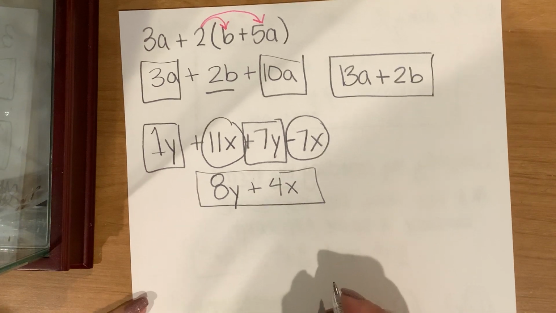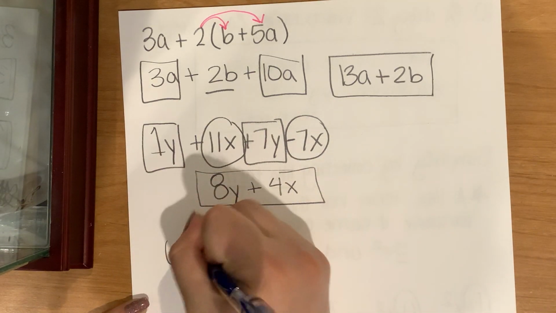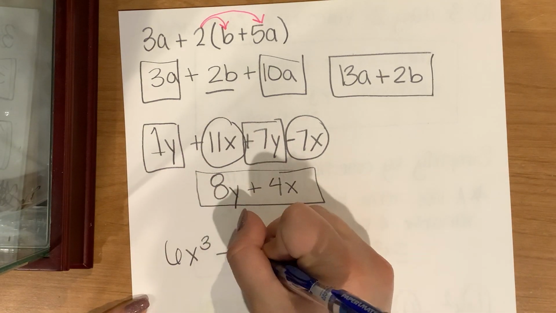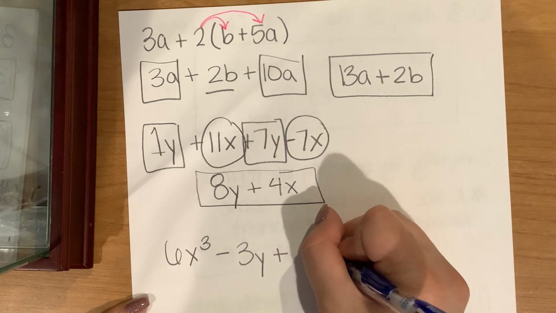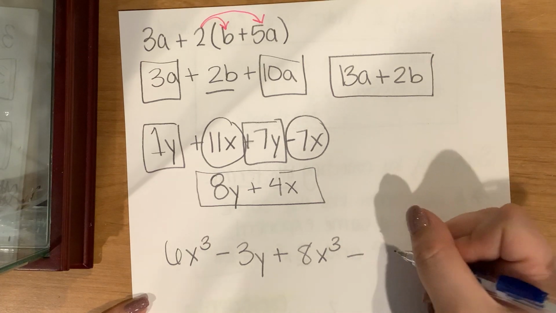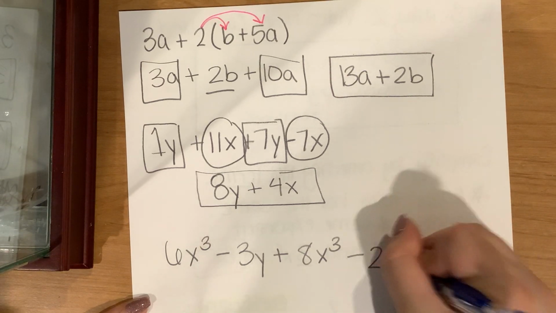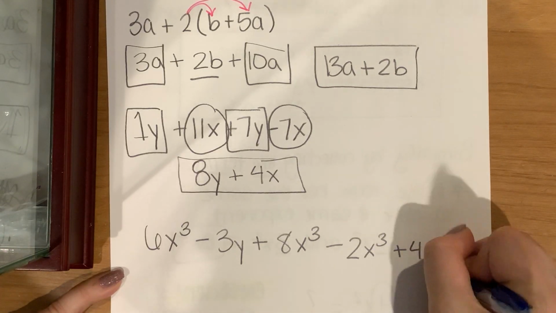What if I had an exponent that was cubed? 6x to the third power minus 3y plus 8x to the third power minus 2x to the third power plus 4y.